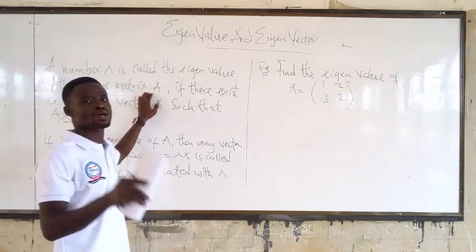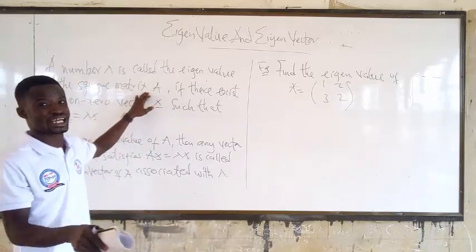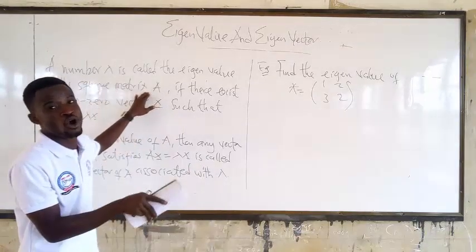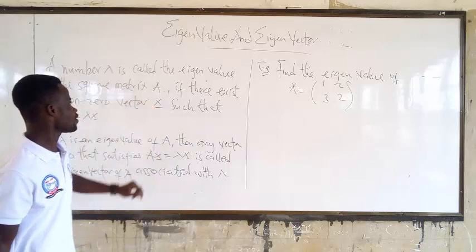That means that the matrix that will be given to you should be a square matrix, whether 2 by 2 or 3 by 3 or 4 by 4. Alright.